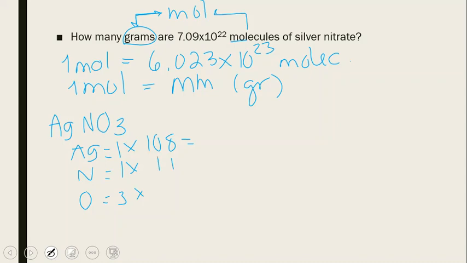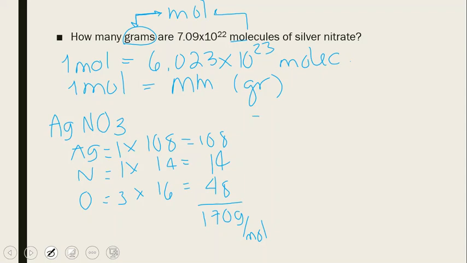Nitrogen is 14, oxygen 16. Multiply and add. 108 plus 14 plus 48, 170 grams per mole.